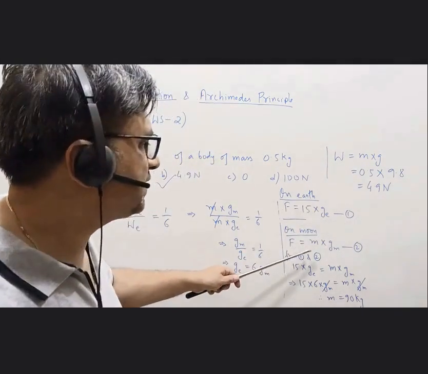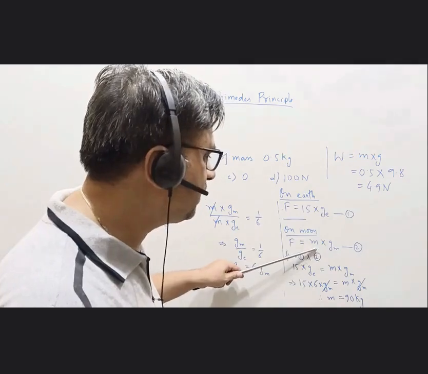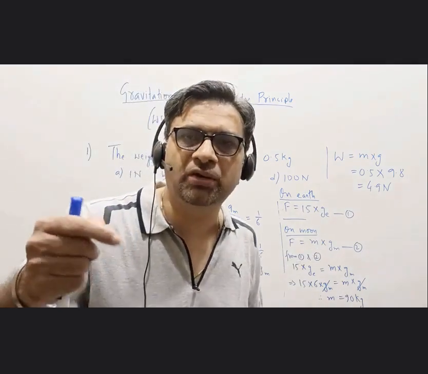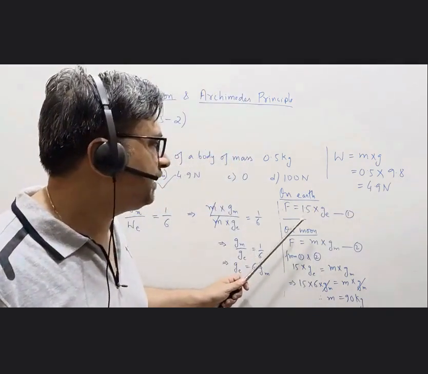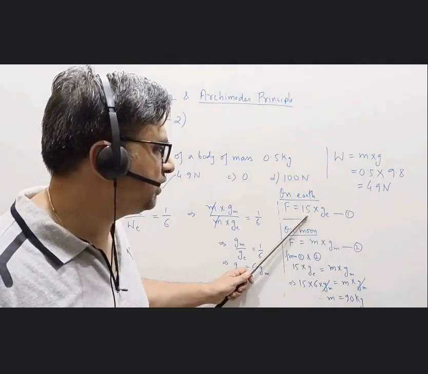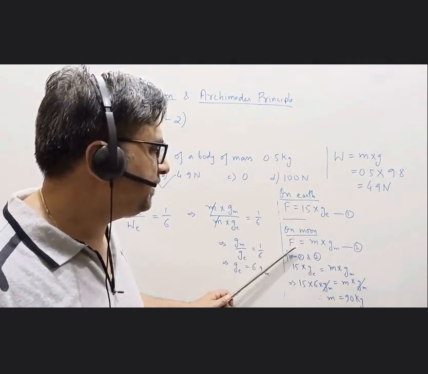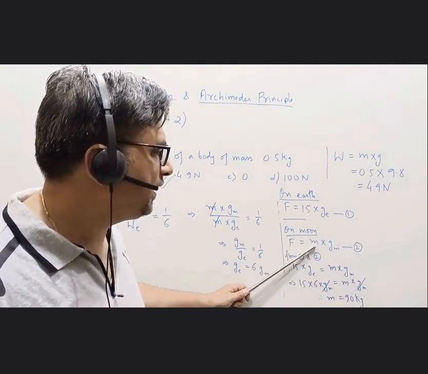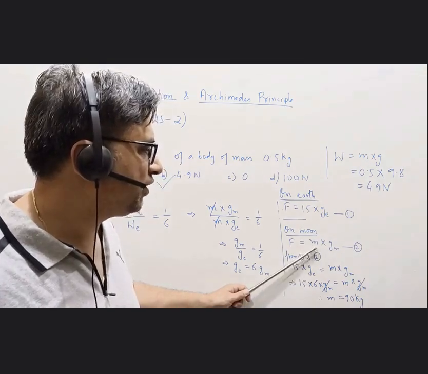So here again it is mass times acceleration. Here the mass is the mass that we are going to calculate. By applying that force, he could lift 15 kg on Earth. By applying this force, how much will he be able to lift on Moon is what we have this mass M for.